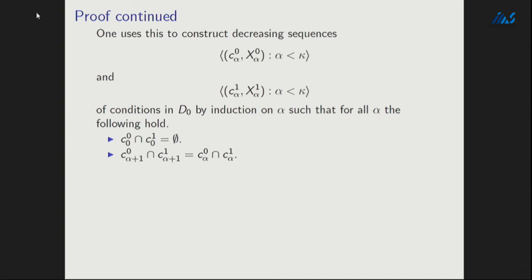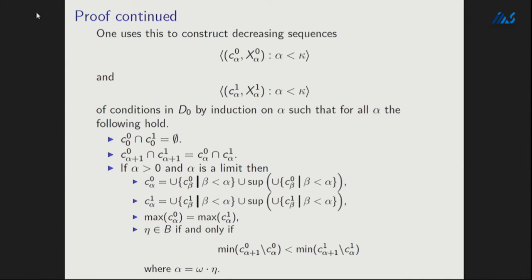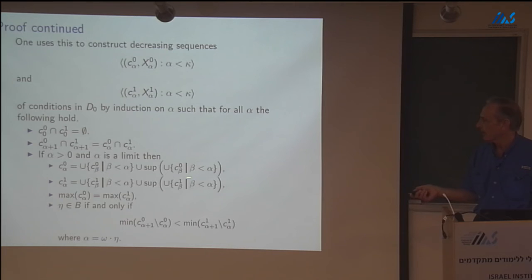If I take the first conditions on these sequences, they have empty intersection. If I take successor clubs on these sequences, their intersection is the intersection of the predecessor. These aren't clubs, sorry, these are closed sets. If alpha is bigger than 0 and alpha is a limit, then C at 0 alpha has to be the union of all the smaller closed sets.